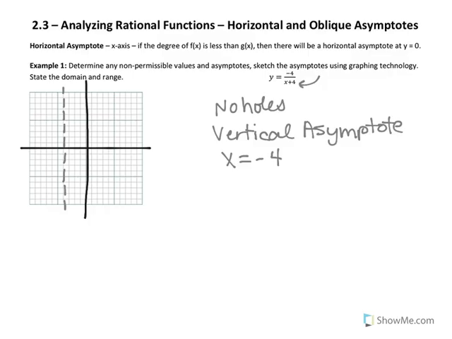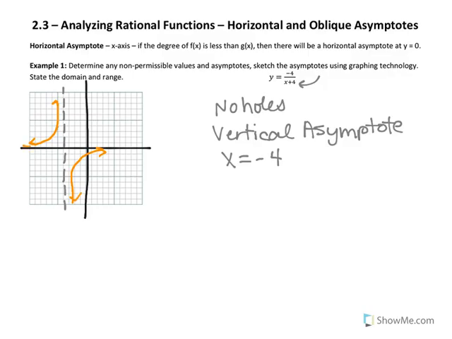I want you to type this equation into Desmos and see what it looks like. So pause the video, type this into Desmos. So what you should have found is that your graph goes like this, up over here, and then kind of like this over here.